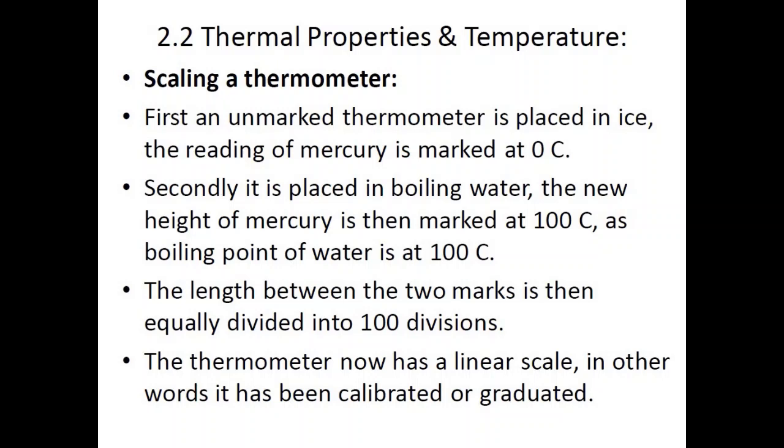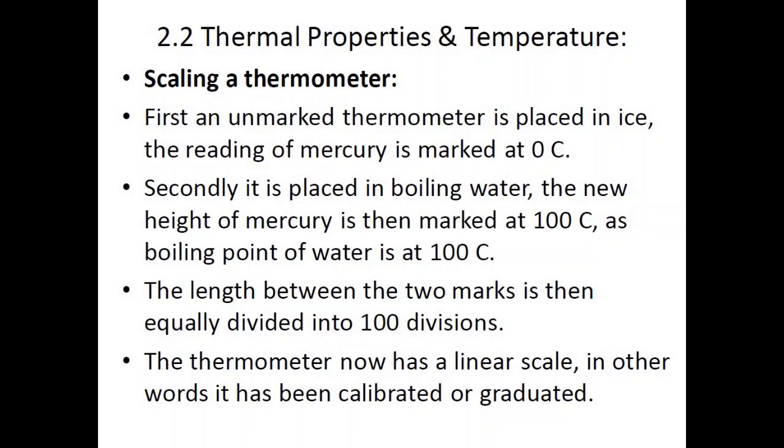Now there's something that you need to know, that is known as scaling a mercury in glass thermometer. This is basically an experiment, and it would often come in P2 or P4 even. So you need to know how you can scale an unmarked thermometer. First, an unmarked thermometer is placed in ice.